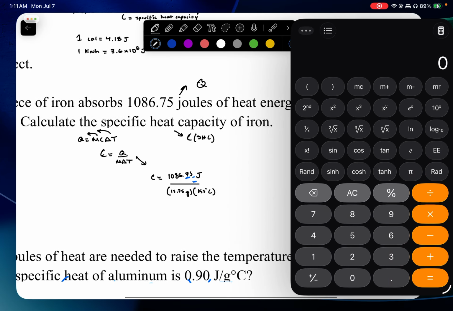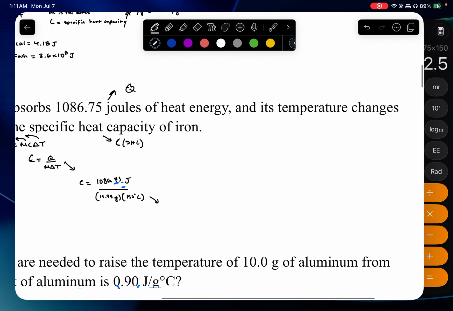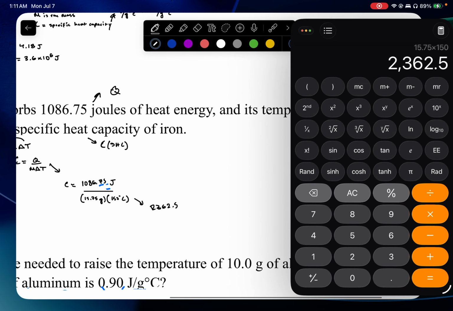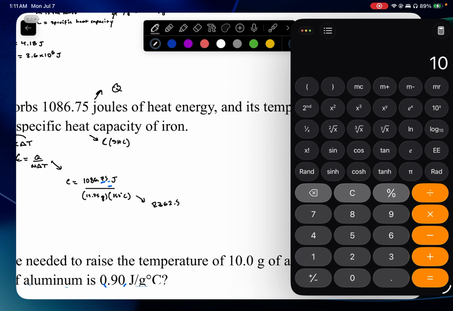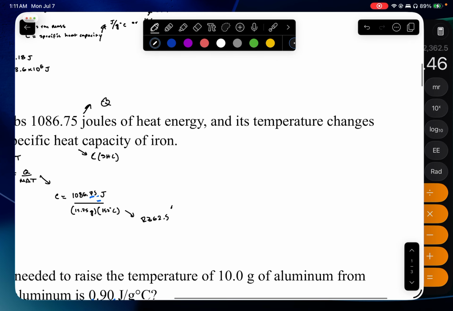Okay, let me do this again. 15.75 times 150. Let me just write this value down: 2362.5. Now we can officially divide. 1086.75 over 2362.5 is 0.46.